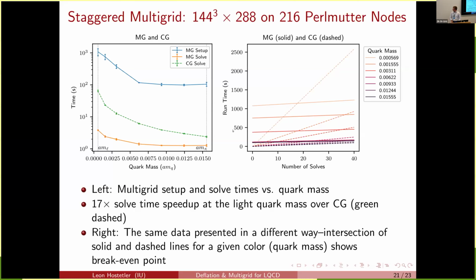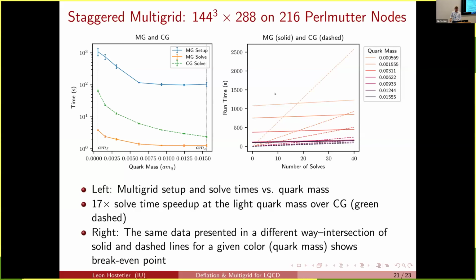On the right, the same data is presented in a slightly different way, where now the intersection of a solid curve and a dashed curve shows the break-even point for a specific quark mass. The dashed curve gives the CG runtime. It starts at 0 since there's no setup time.